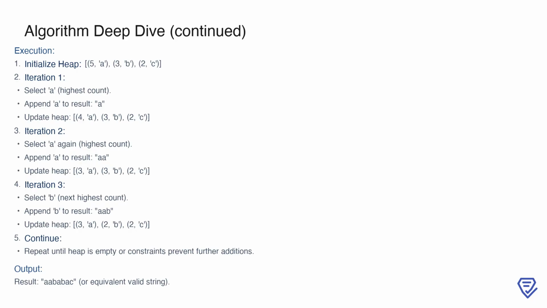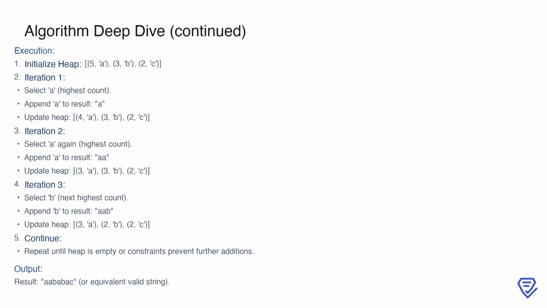In the first iteration, we select the character with the highest count and append it to the result string, giving us a. We then reduce its count and update the heap to (4, a), (3, b), (2, c). In the second iteration, we select it again, since it still has the highest count, and append it to the result, resulting in aa. After updating the heap, we get (3, a), (3, b), (2, c).